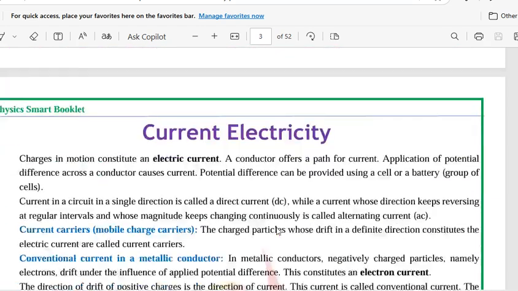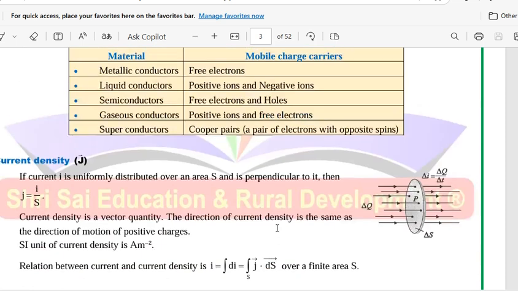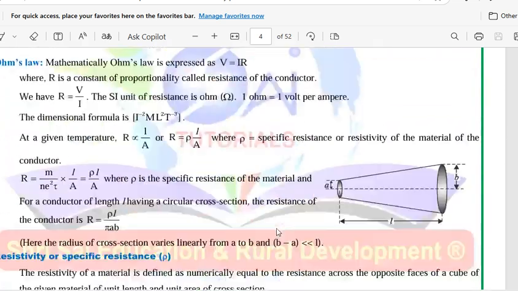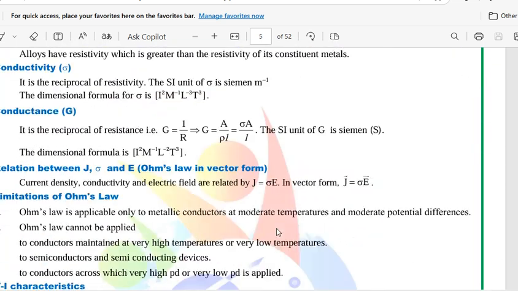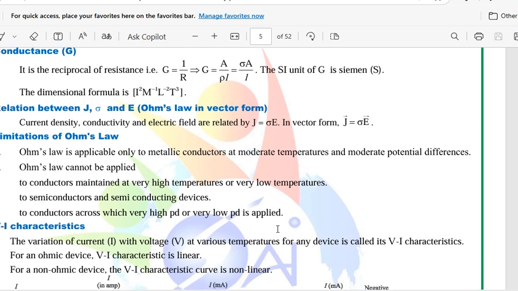So in the previous session, I discussed some concepts related to conductivity, conductance, the relation between conductance, conductivity, electric field, and current density.